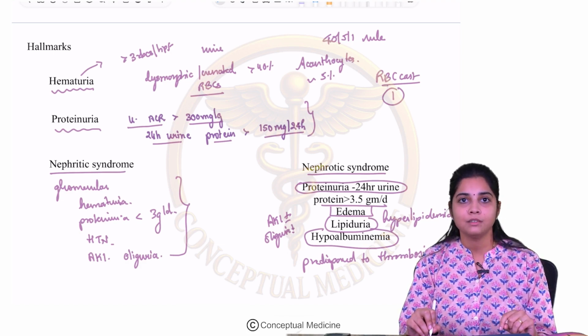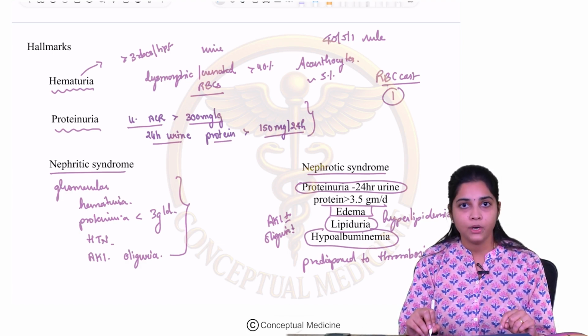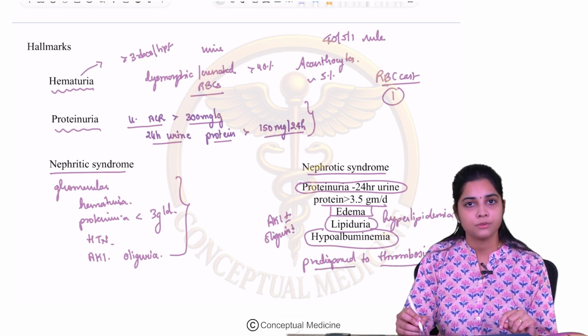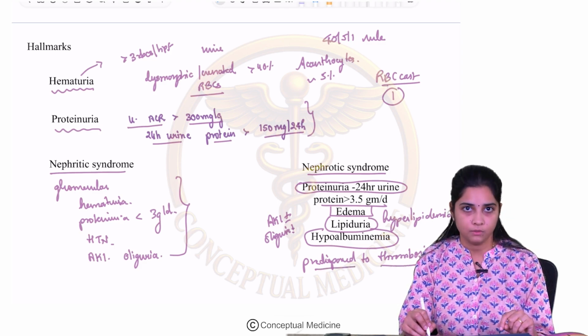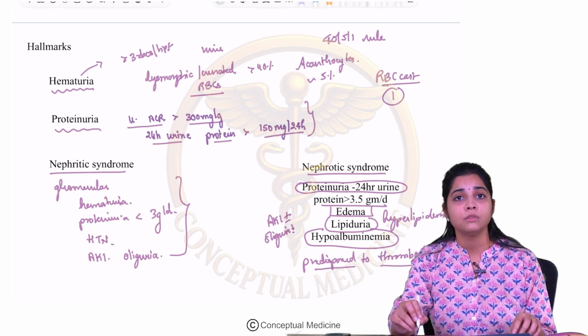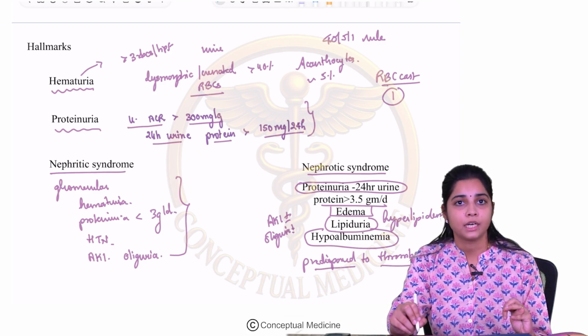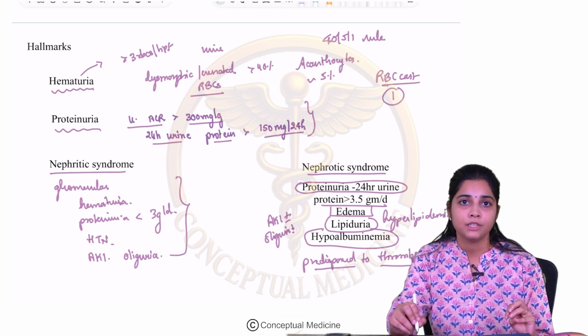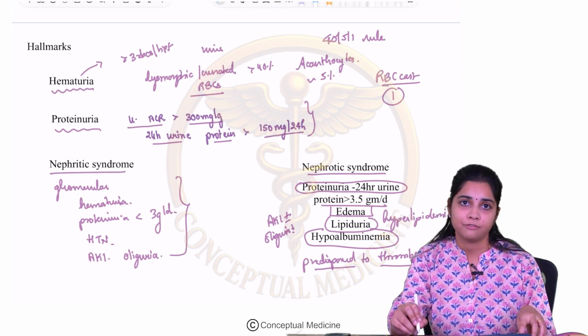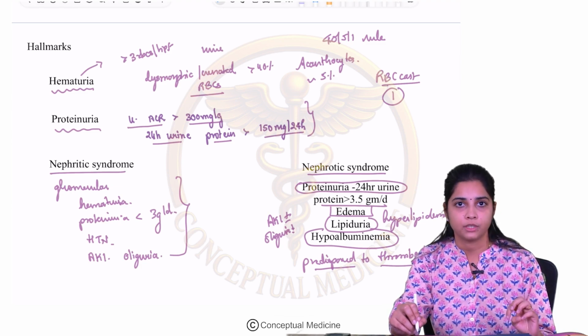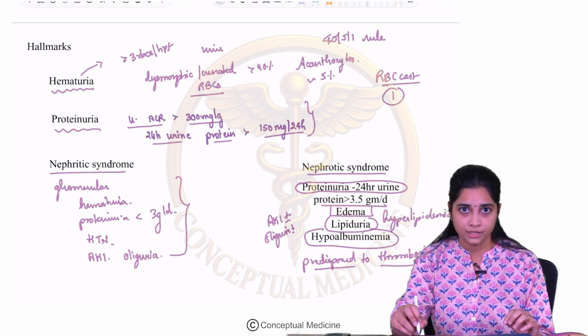You have edema, hyperlipidemia, hypoalbuminemia and predisposition to thrombus formation. Okay. So this is how you see whether a person presenting to you with AKI or any of these clinical features has a nephritic syndrome or a nephrotic syndrome. I hope we are clear till here.